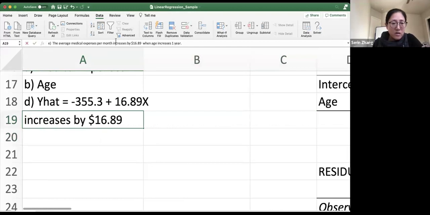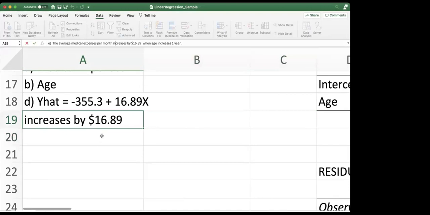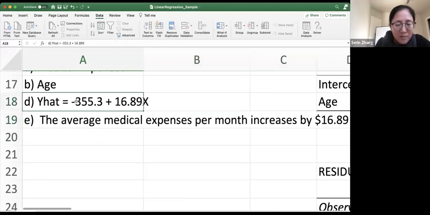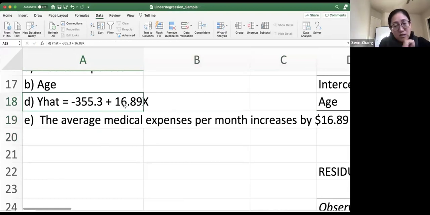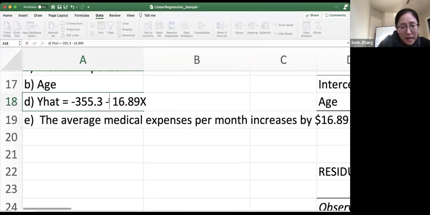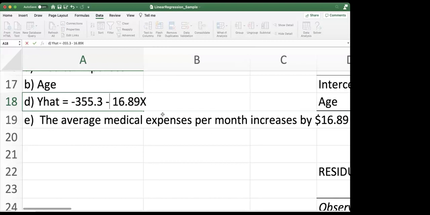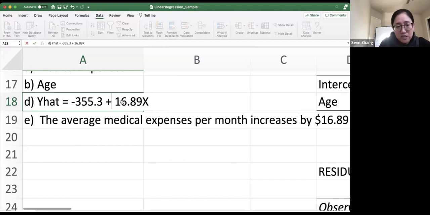Oh no, we have a plus sign here. Yes, it's positive. So if you have a positive slope, it increases. If you have a negative slope, you have to say decreases. But we have positive here, so it should be increases.